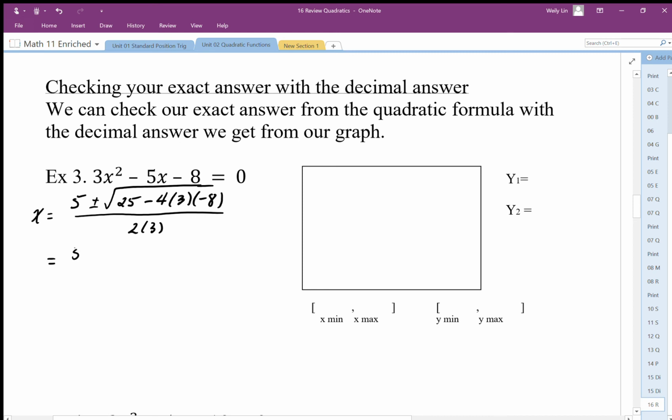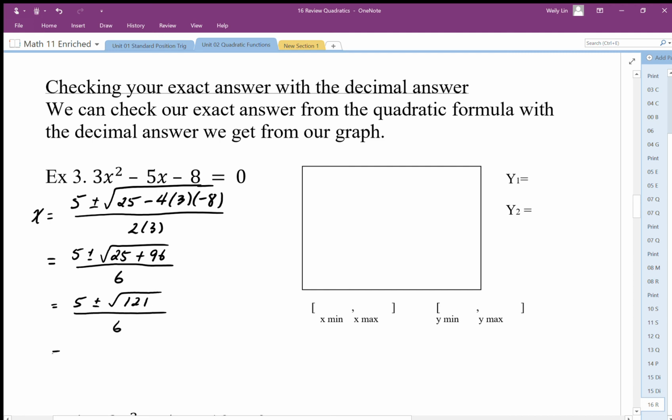So we get 5 plus or minus the square root of 25, negative is positive, 12 times 8 is 96. That's all over 6. So we end up with 5 plus or minus the square root of 121 all over 6.